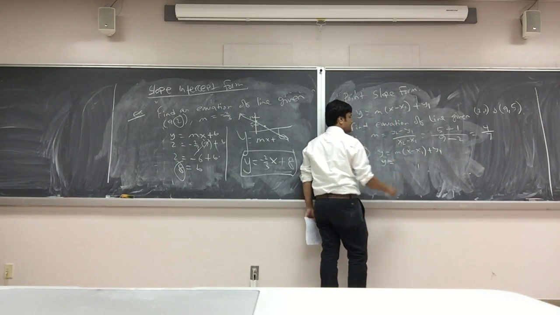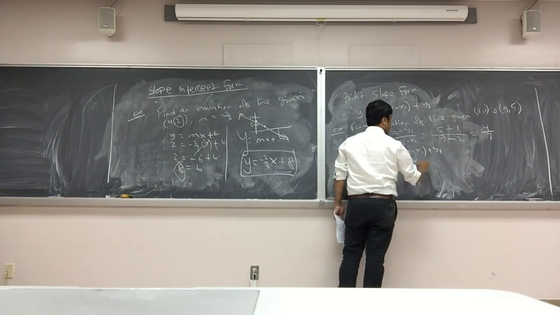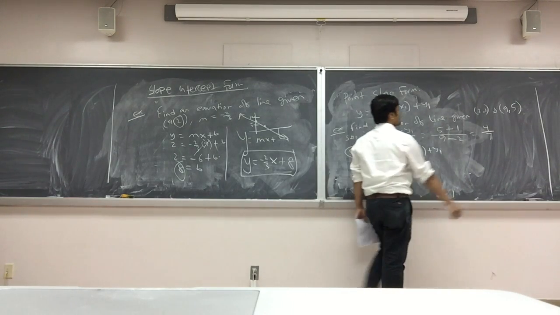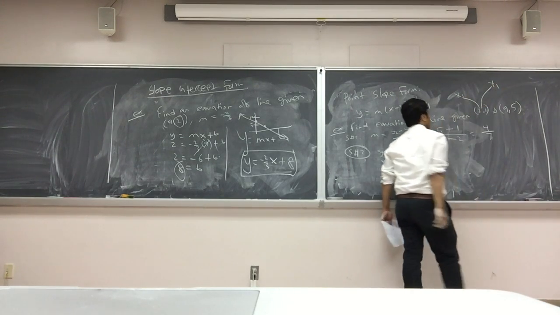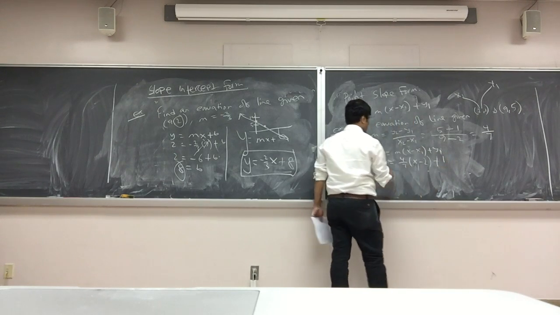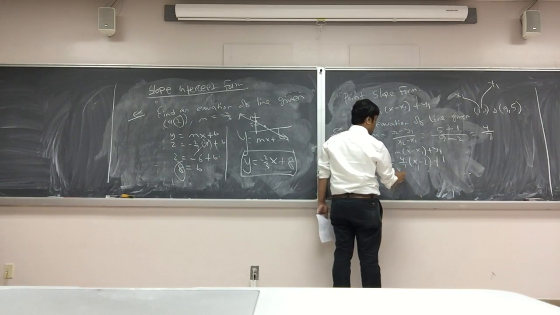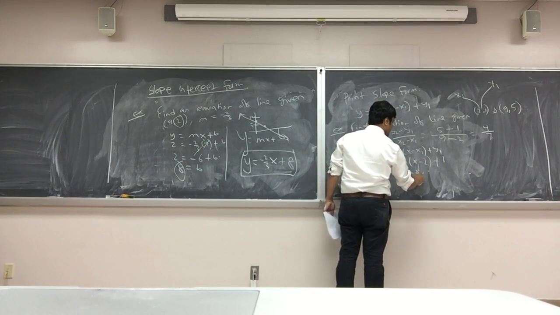So m is 4/7, times (x minus x1). This is x1, and this is y1. So y is 4/7 times (x minus 2) plus 1.